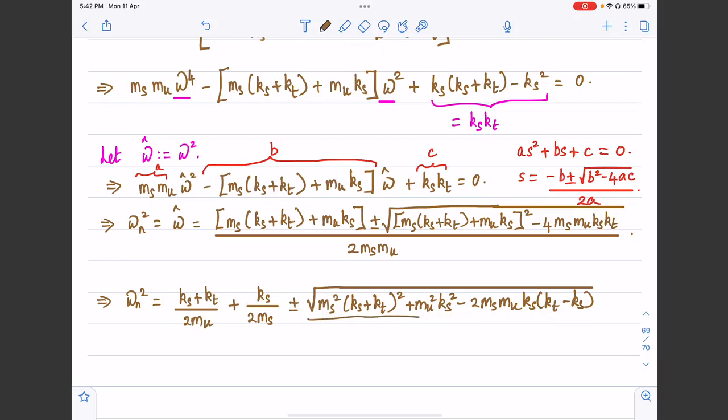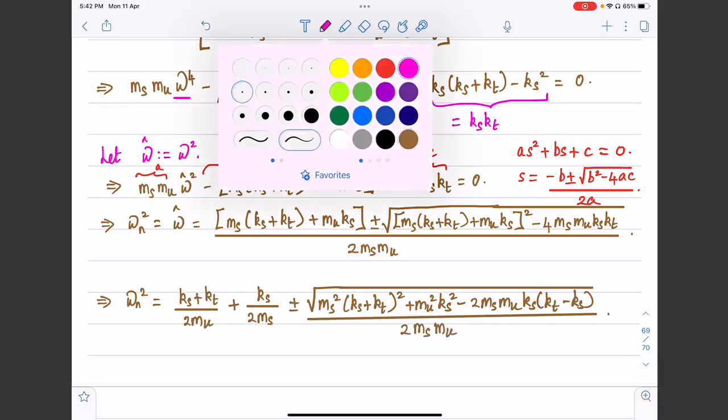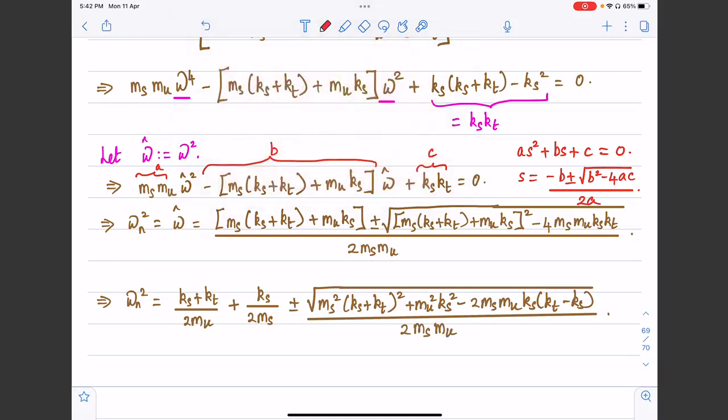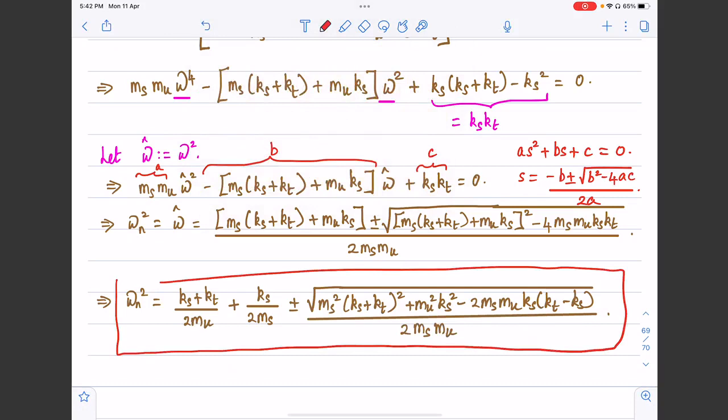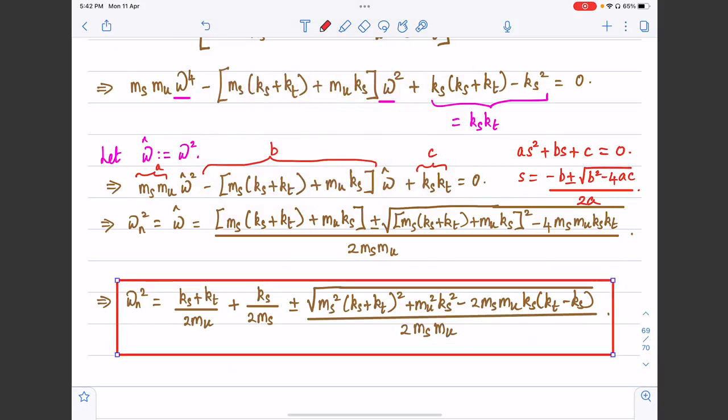That is why I'm leaving the intermediate algebra to you as an exercise. Please do it. That's going to be divided by 2 ms mu. So this is going to be our final expression. Going from here to here is an exercise, which I leave to you.